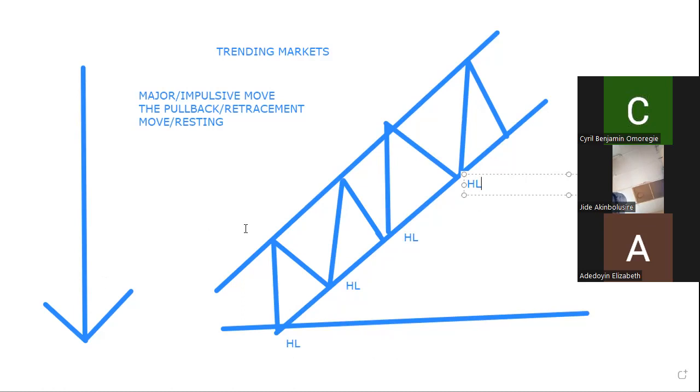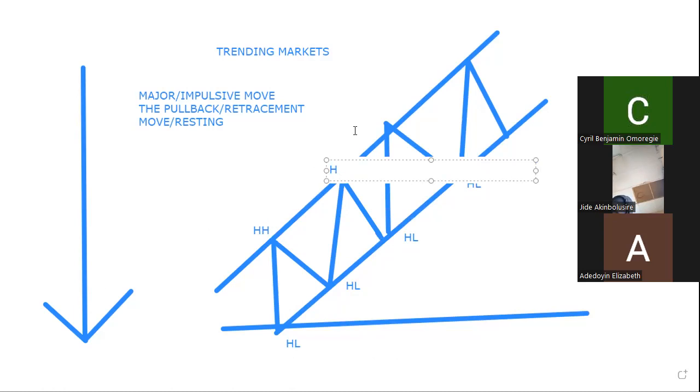So, in other words, if you want to catch the beginning of any impulsive move, you must know how to draw support and resistance. So the next thing now should be, what is support and resistance? I think I've given us that definition before when we were treating the ranging market, but for further clarity, let's still write it.